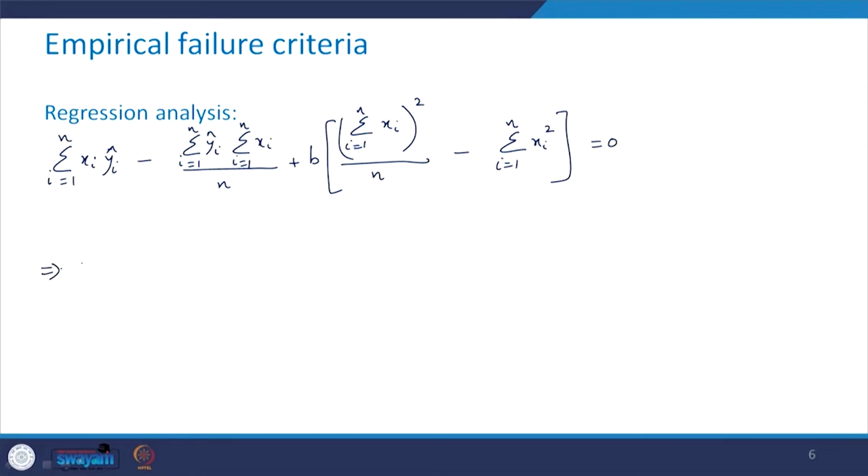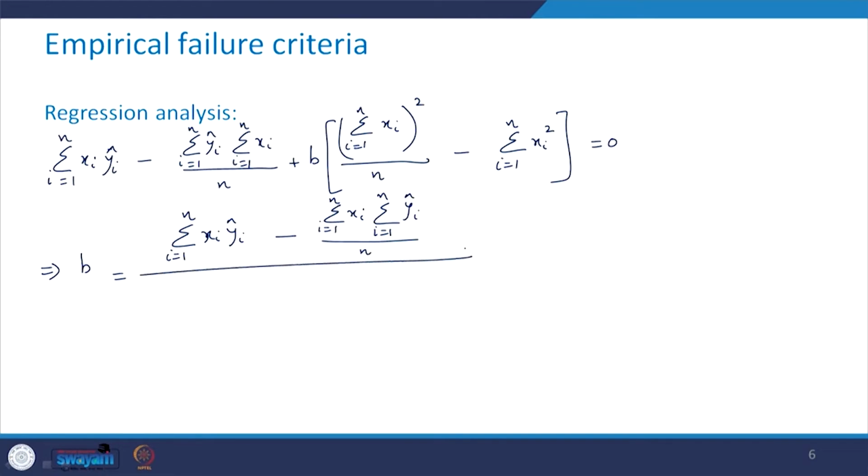So from here one can obtain the expression for b as summation xi yi cap minus summation xi into summation yi cap divided by n, and this whole thing divided by summation xi square minus this whole square divided by n.